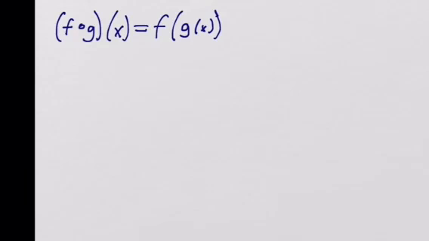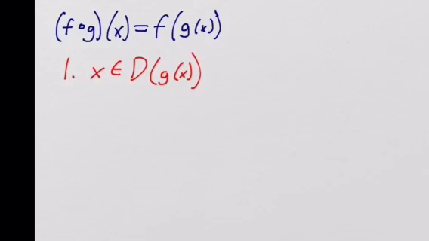So we do have the issue that we need to deal with the domain of this function. There's two things that we have to satisfy here. One, x has to be in the domain of g of x.